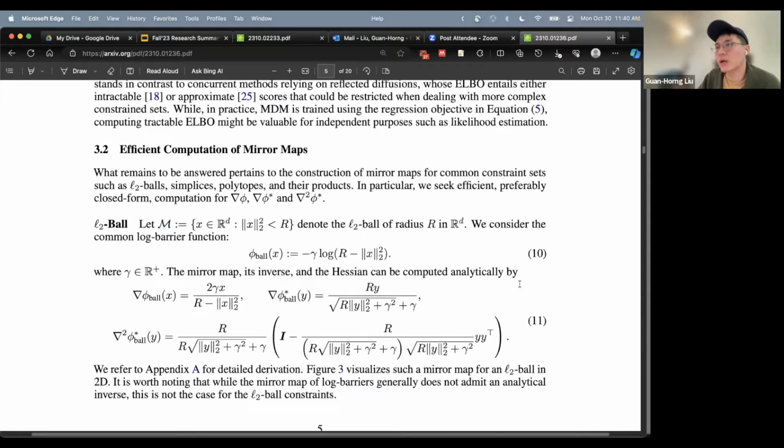The thing I do want to highlight is that log barrier is a very common mirror map that people will typically use. In most cases, the log barrier mirror map does not admit a closed form solution for its inverse and Hessian. The L2 ball here is a special case where this log barrier function happens to have an analytic inverse. This is what we are leveraging here.